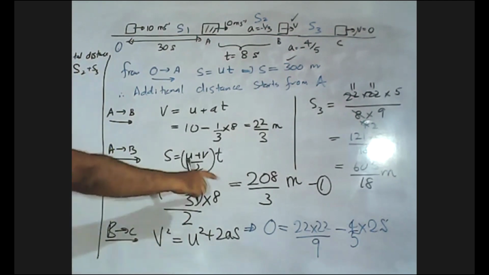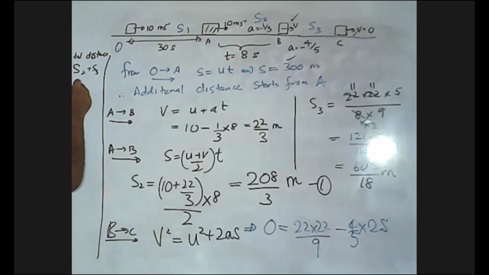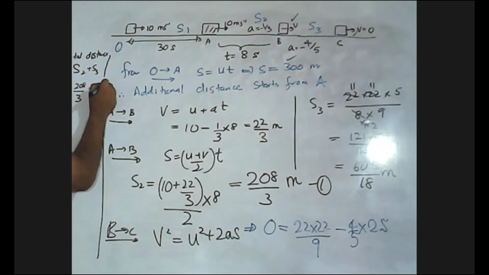S2 means this part, 268 over 3 plus 605 into 8 over 80. 6 into 6.